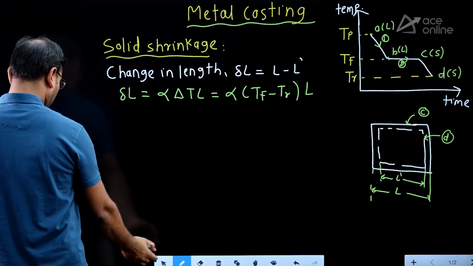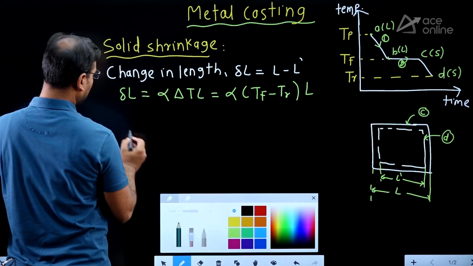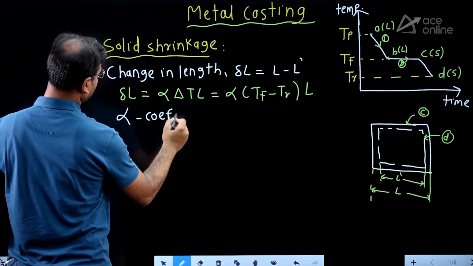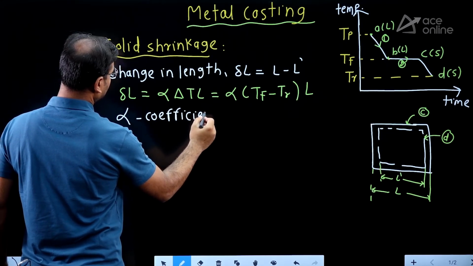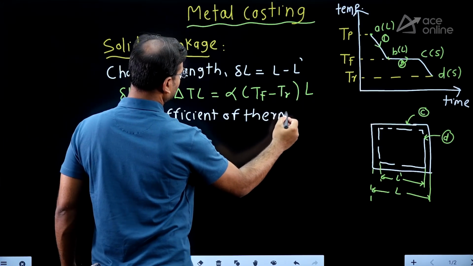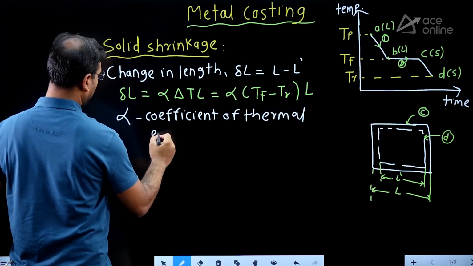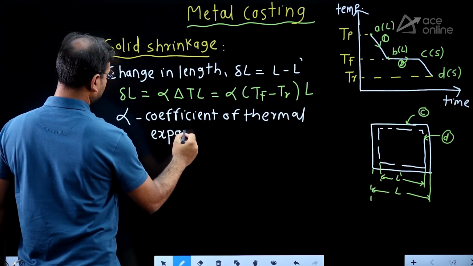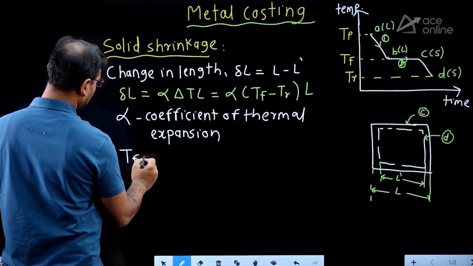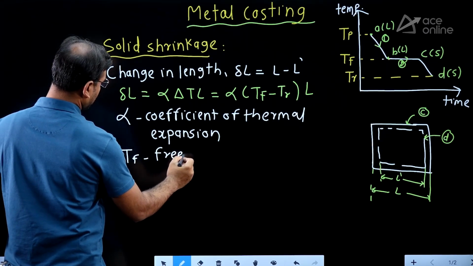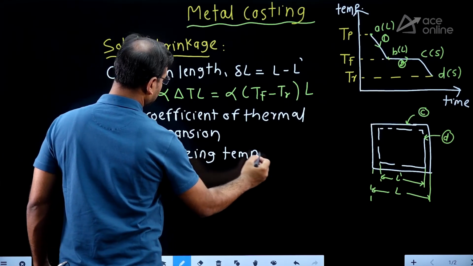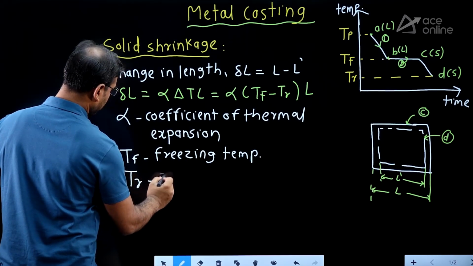Here a number of parameters are available. What is alpha? Alpha is the coefficient of thermal expansion. TF is the freezing temperature. TR is the room temperature.